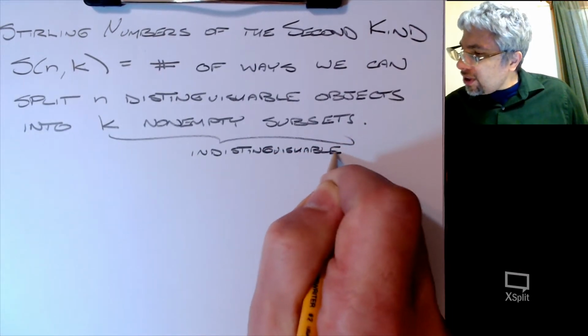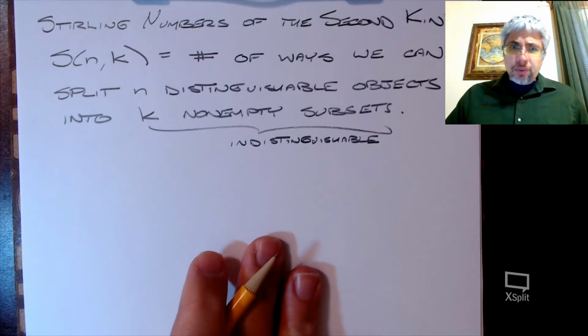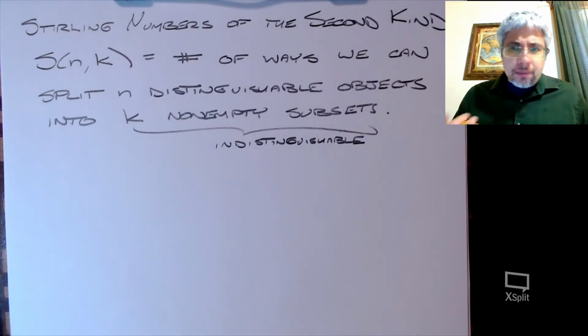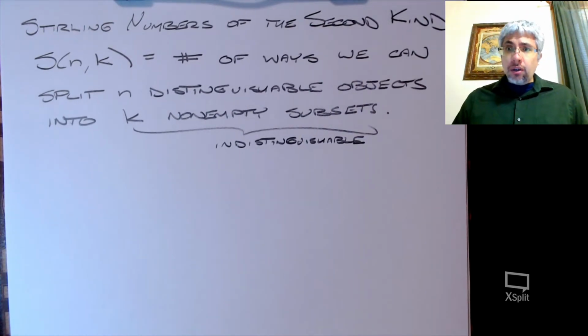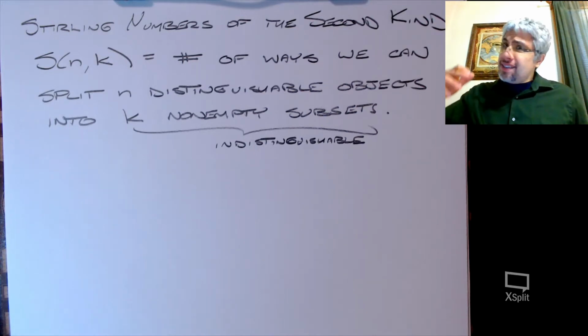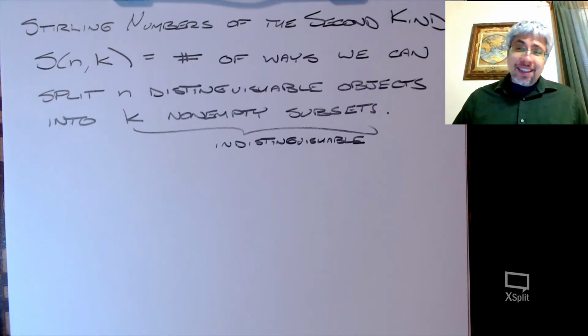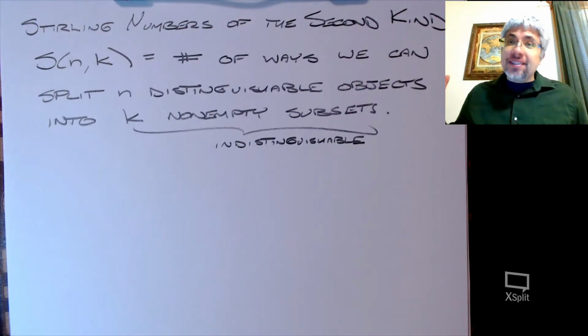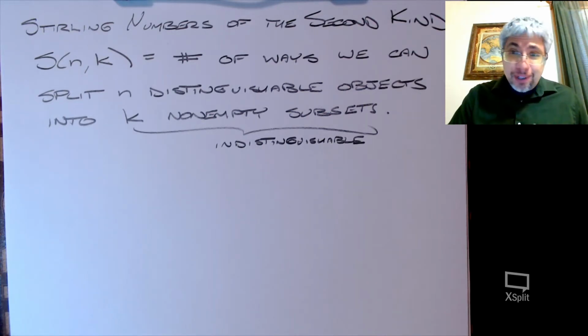Now, of course, if we're thinking about the normal mathematical definition of a set, we don't have repetition in a set. Each thing only appears once. So if you have the set 1, 2, 4, 4, 1, 1, 2, it's the same as the set 1, 2, and 4. And the things in the set are the distinguishable things. If we couldn't distinguish them, they would collapse upon each other.